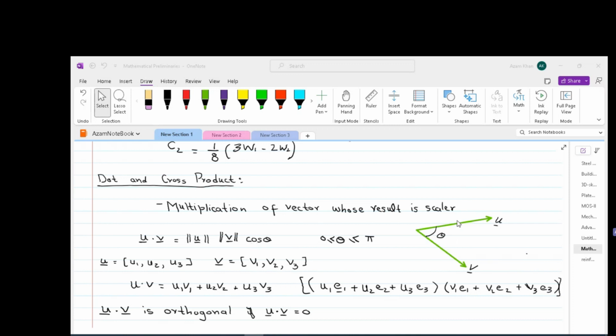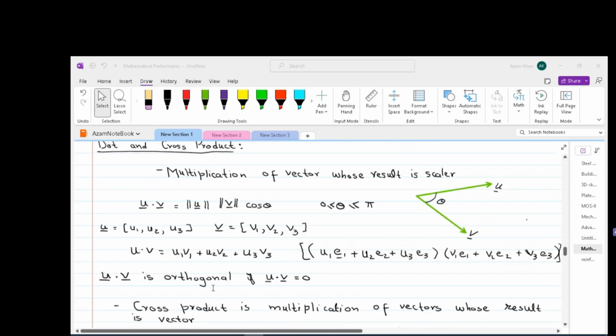So if the two vectors are in the same direction and they happen to be unit vectors, then the dot product is 1. If they are orthogonal, that means the angle between them is 90 degrees, so the dot product would be 0. So once we open this up, we will get the required product.